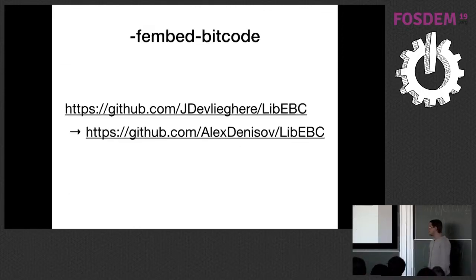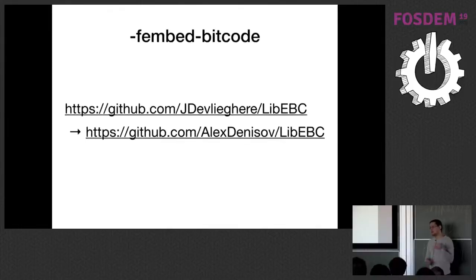There is a tool called libebc, I think it stands for embedded bitcode. It just extracts the bitcode file from an executable. It works on Linux, Mac and FreeBSD. The original tool extracts the files and stores them locally on disk so that you can do some post-processing on them. So I made a fork to make it work in memory, so everything happens in memory as I showed at the very beginning.